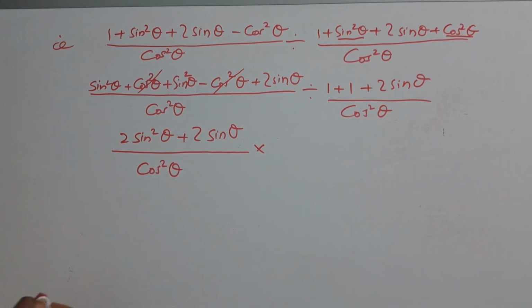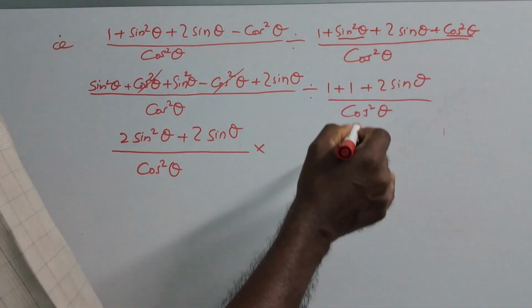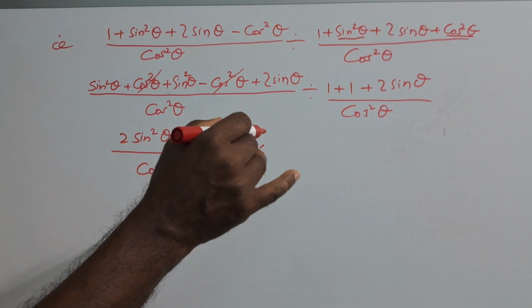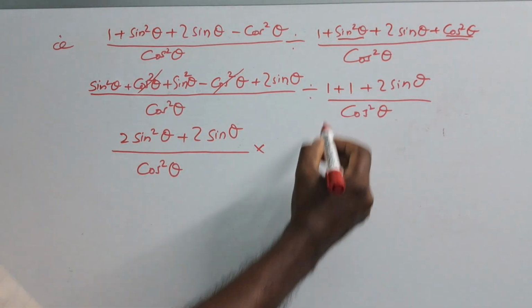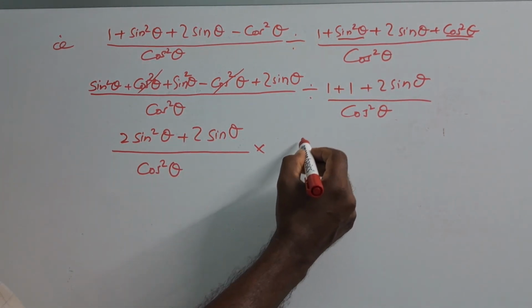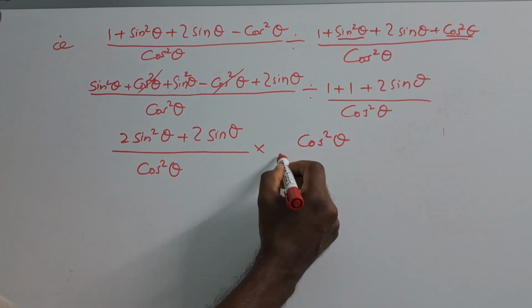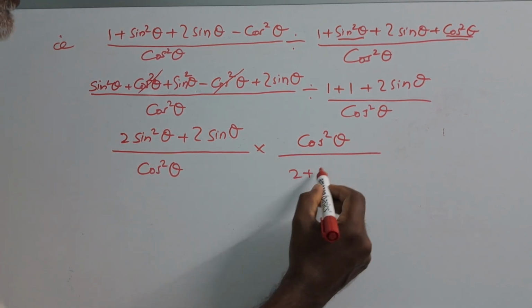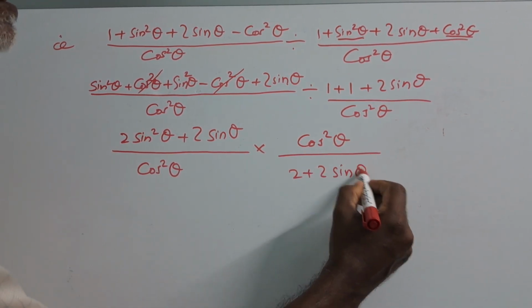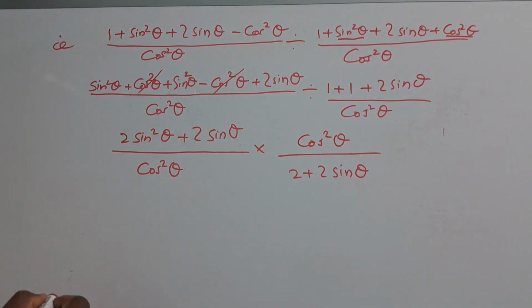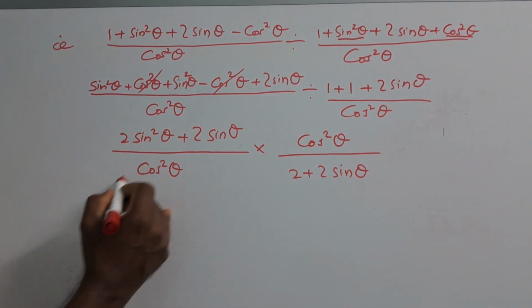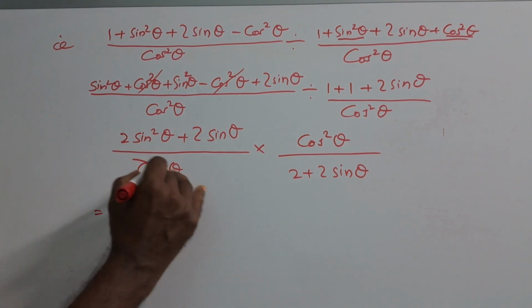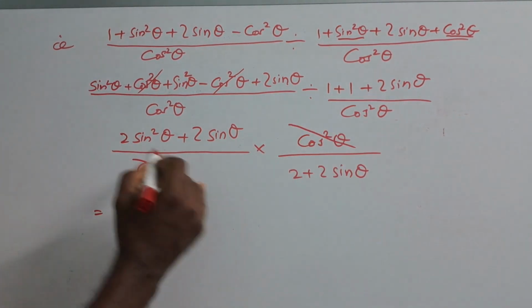into, to divide, we multiply by the reciprocal. Here we have cos square theta by 2 plus 2 sin theta equals, you can cancel cos square theta and cos square theta here.